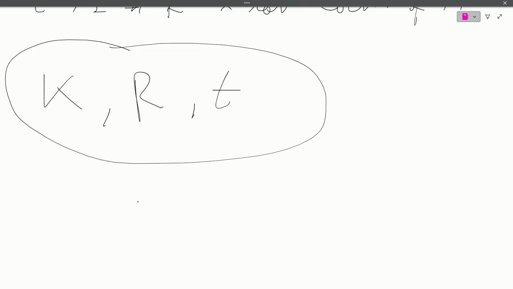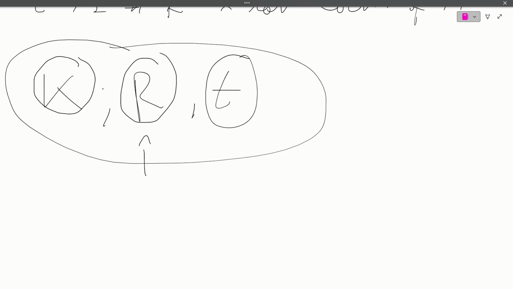This is just a method that can work for every situation in the world. It's not a specific method for camera calibration. But this matrix here has a physical meaning. This is a rotational matrix, this is a translation.